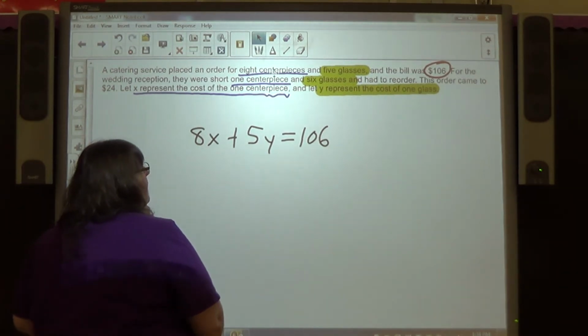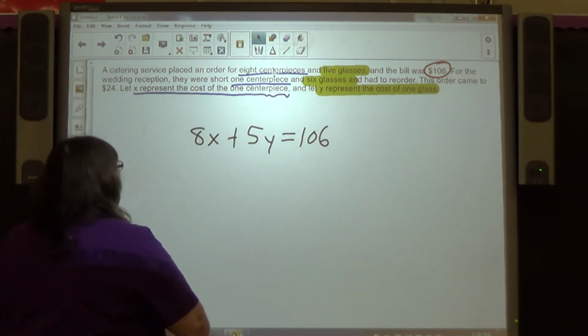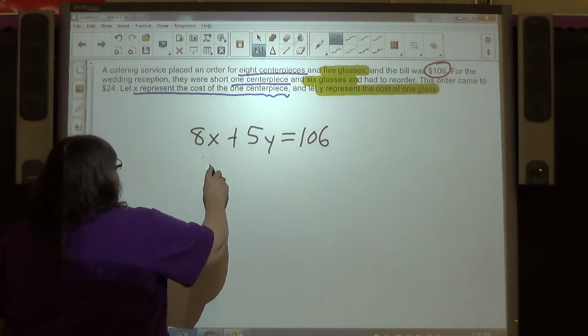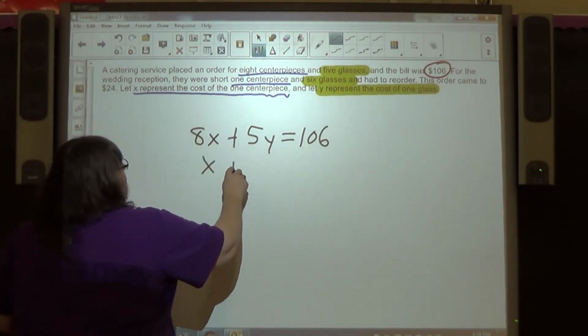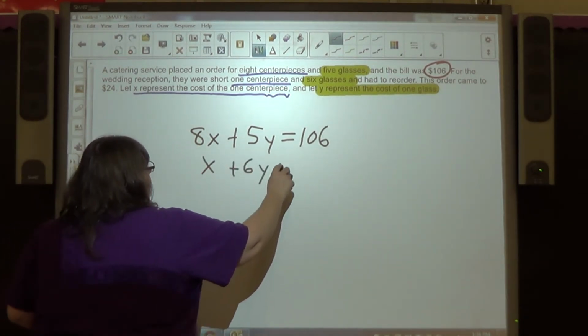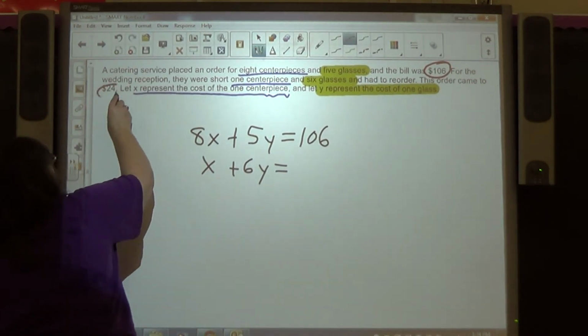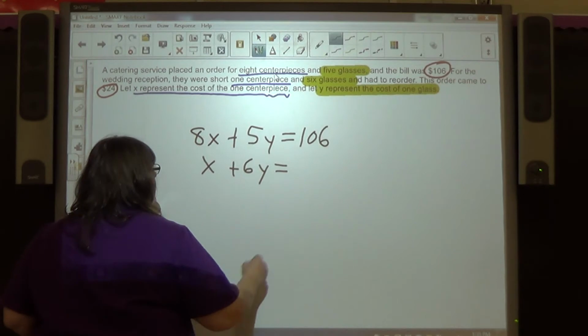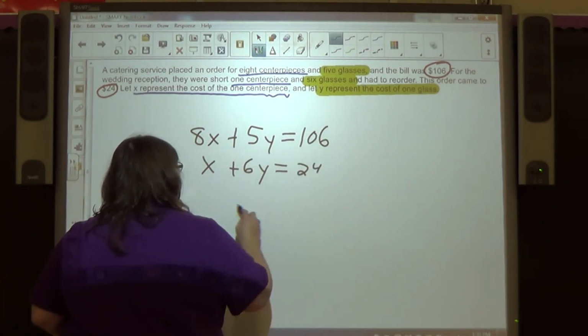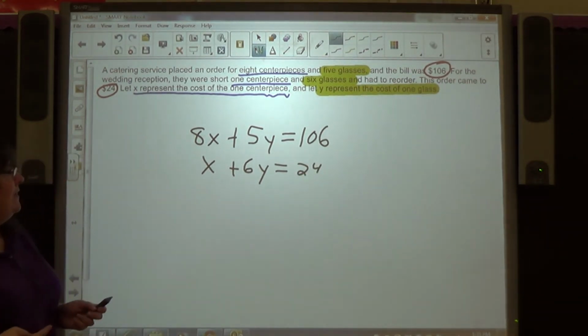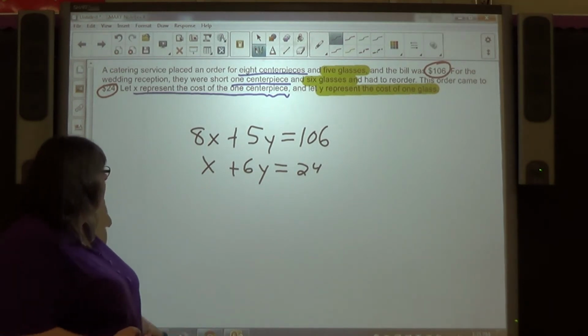Okay? Then the second one. We have 1 centerpiece and 6 glasses. And that equals $24. Okay? There's our system. Now let's solve it.